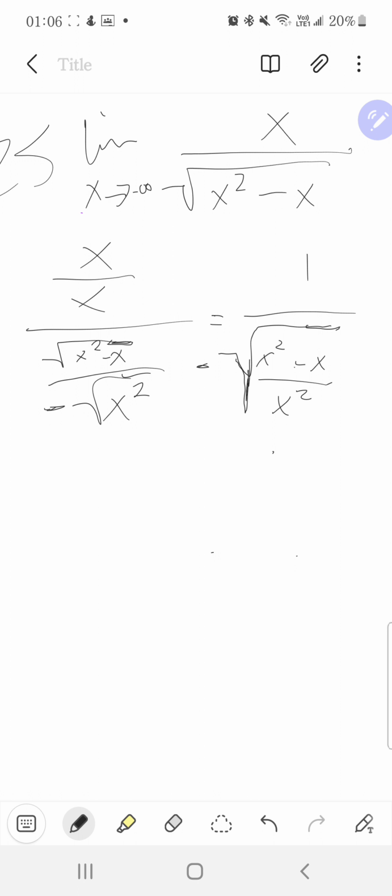Remember, the radical covers both of these now. As you can tell, there are some cancellations. So it becomes 1 over negative the square root of 1 minus x over x squared.